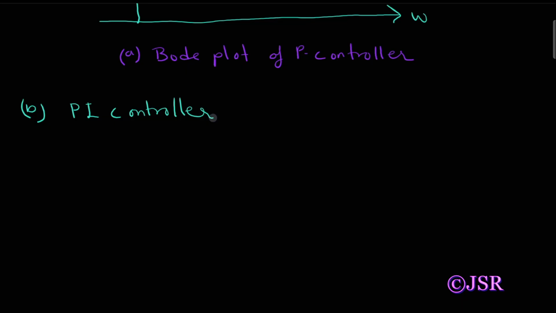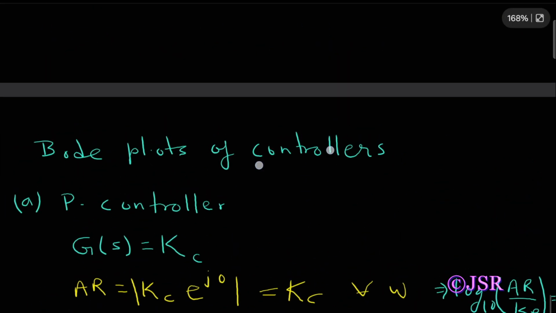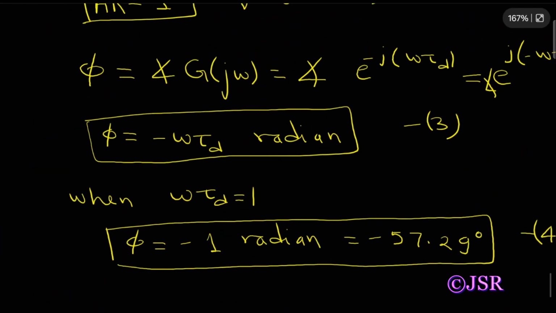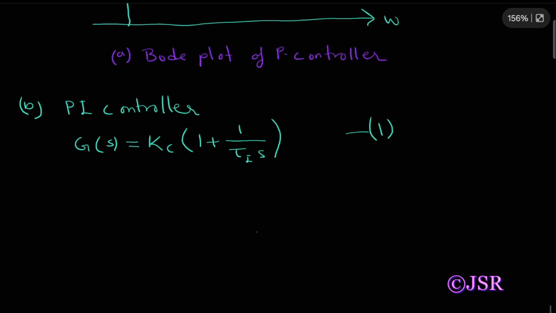For PI controller, the transfer function G of s will be equal to Kc times 1 plus 1 upon tau I s. This will be equation number 5.